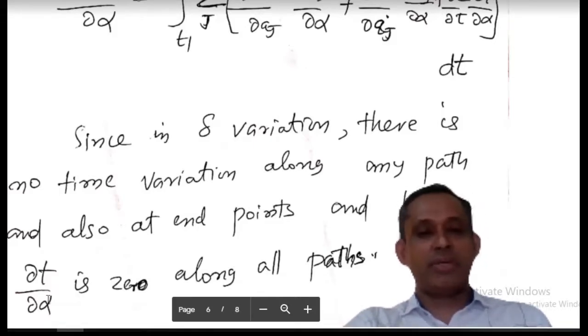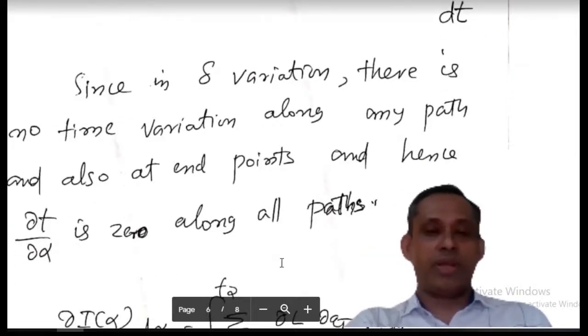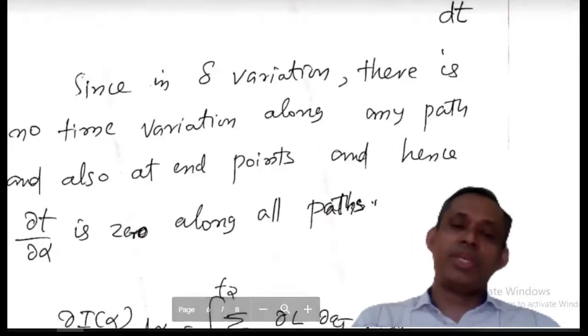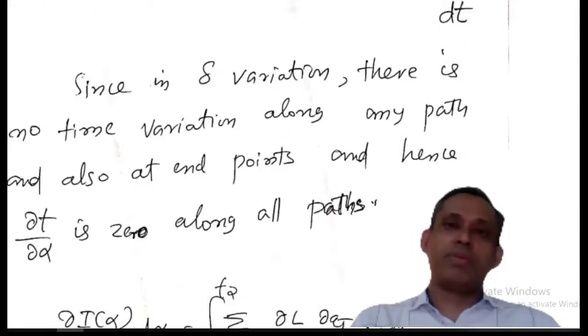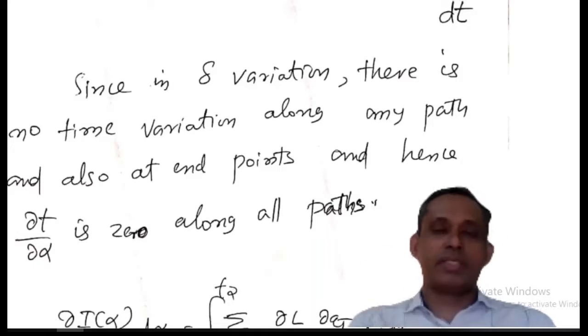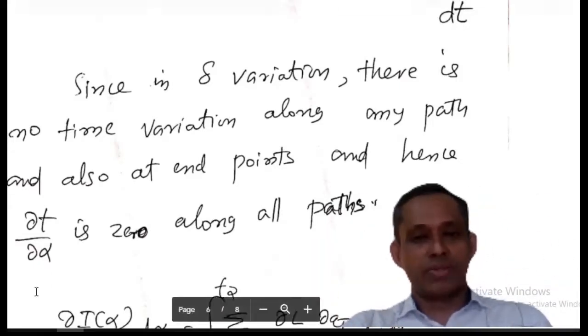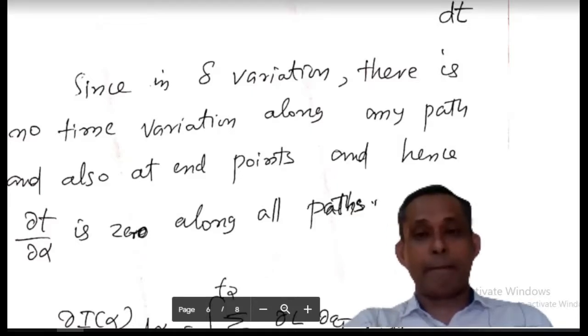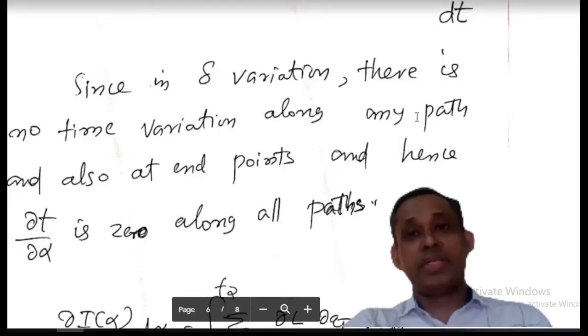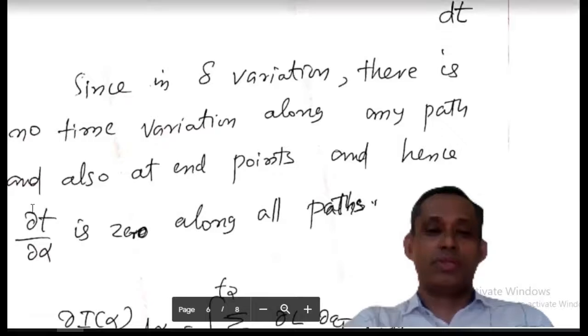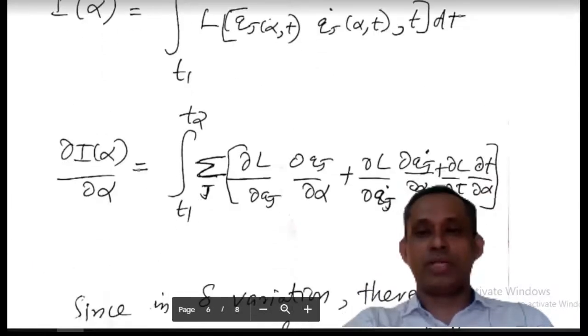So dou t dou alpha is 0 for all paths, because the variation we are considering is with respect to alpha for different paths, not with respect to time. So this term will be 0, since dou t dou alpha is 0.